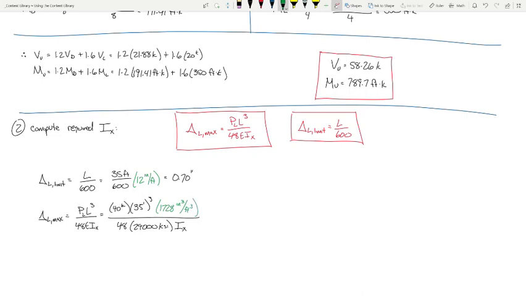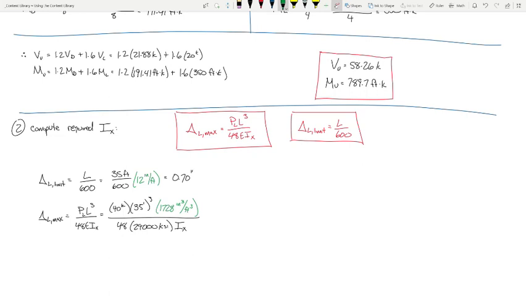So if my max has to be less than or equal to this, all I have to do is set this expression equal to 0.7 and just solve for the moment of inertia, right?